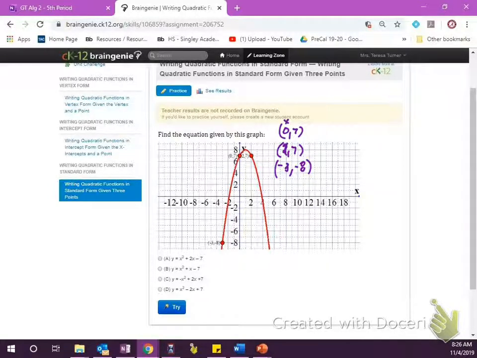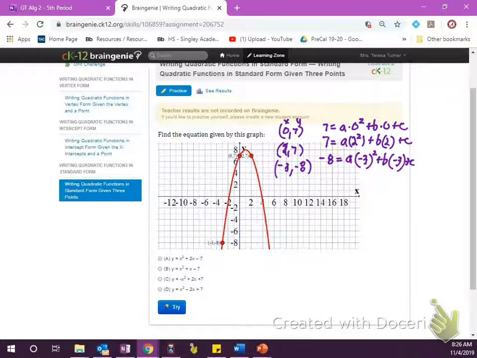So we know these are the x and y points, and we know we have standard form. So we have 7 is equal to a times 0 squared plus b times 0 plus c. For this one, 7 is equal to a times 2 squared plus b times 2 plus c. This one is -8 equals a times -3 squared plus b times -3 plus c.